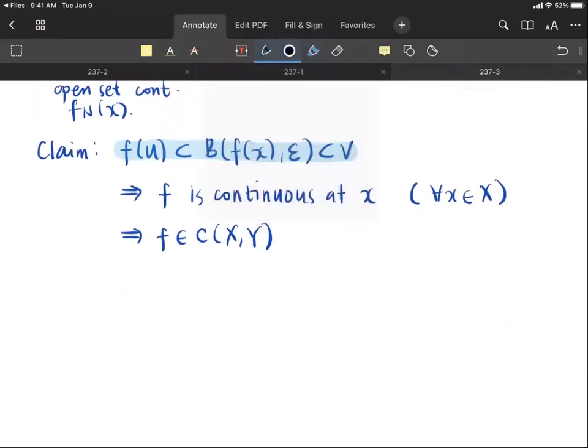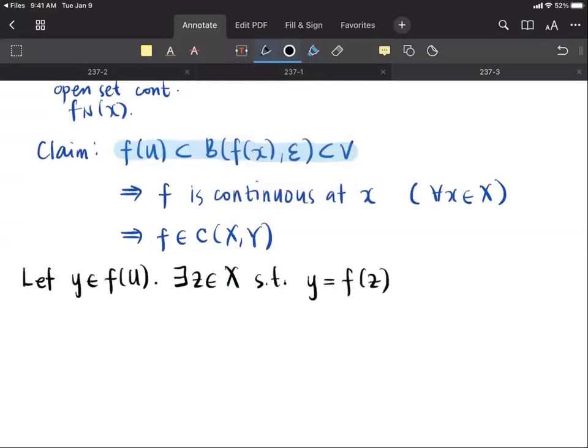And this is done via a simple inclusion argument. So pick a point, say y, on the left hand side, f of u. This implies that there exists a z in u such that y is the image of z under f. Okay.